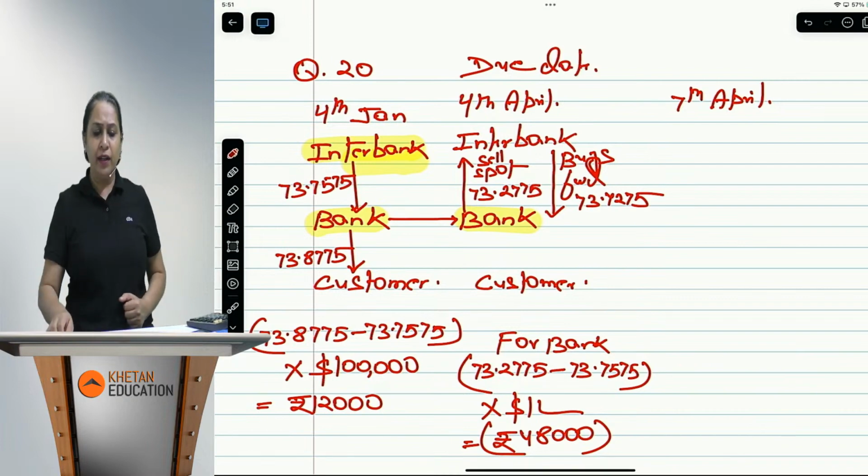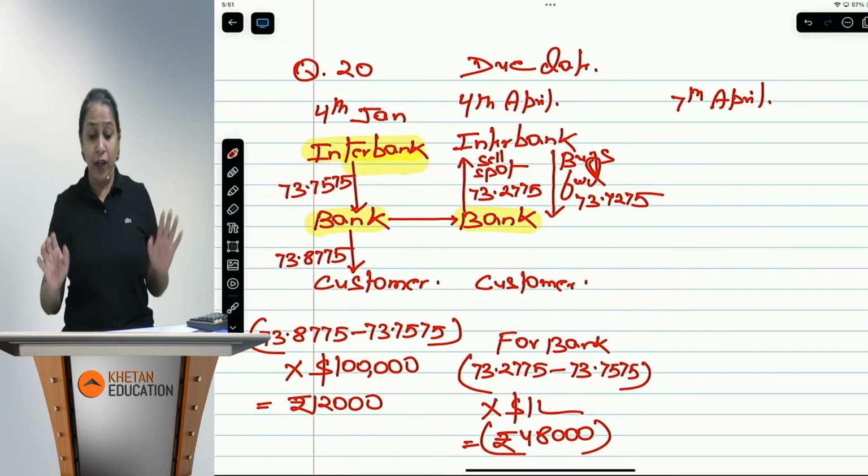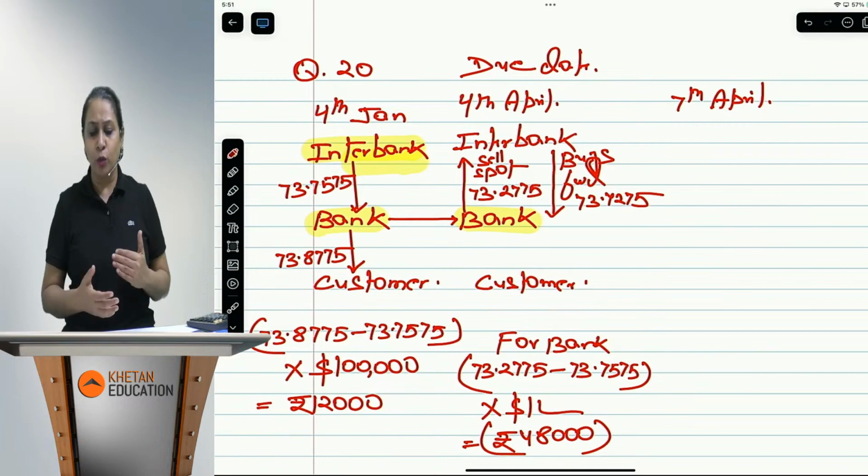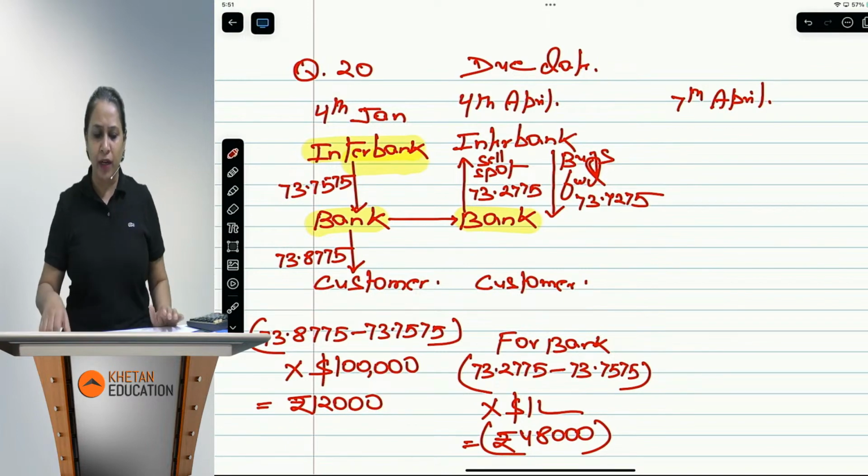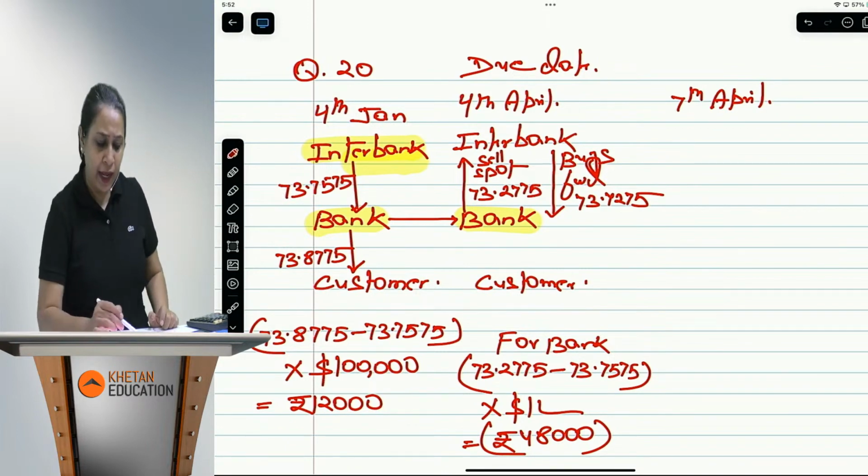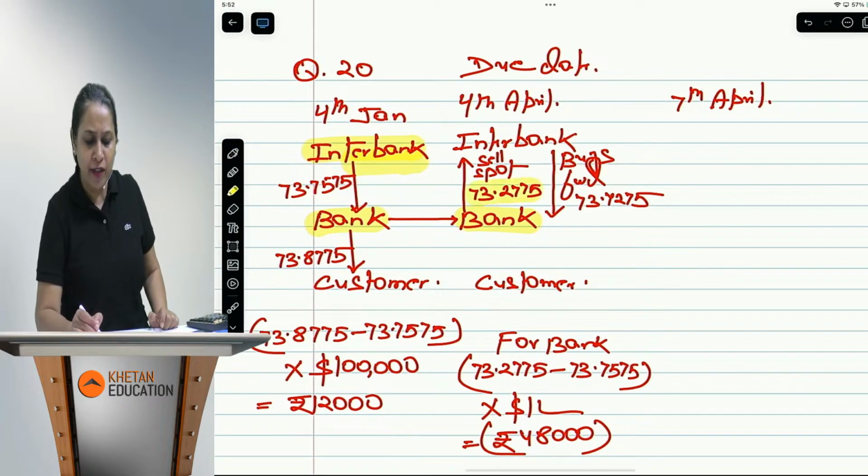So on the due date, the customer does not turn up. The bank does not want to stand exposed in the market. It goes to the market and sells off the currency here. Look at this, sell spot at 73.2775, but it is scared. It wants to honor the customer. So what will we do?